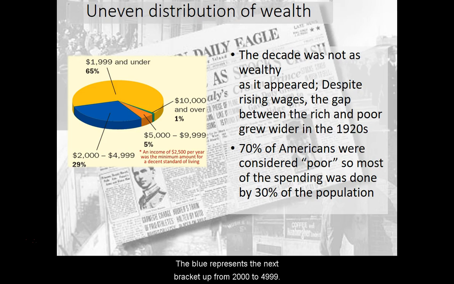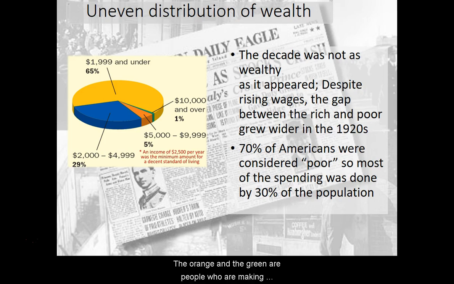The blue represents the next bracket up from $2,000 to $4,999. That's the bracket where people are starting to make a comfortable living to where they can support their families and have a little bit of disposable income.